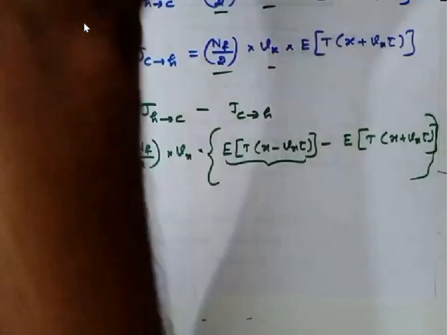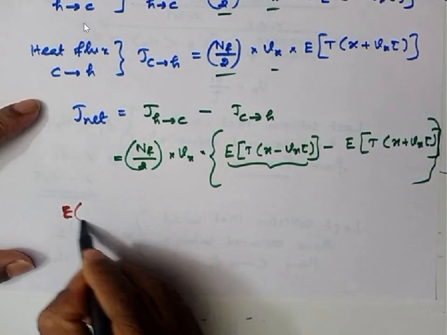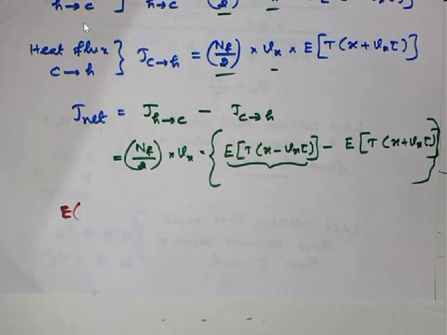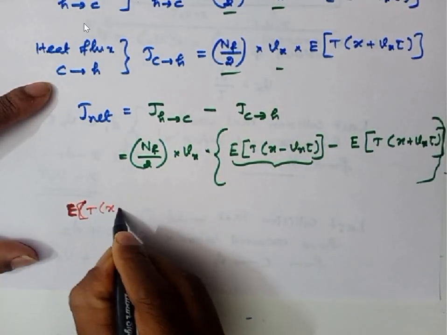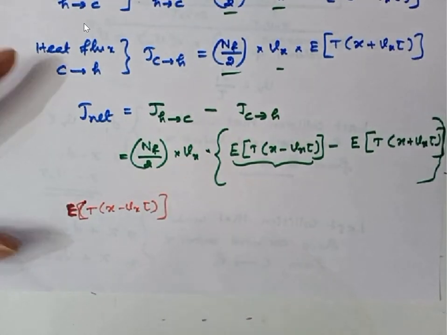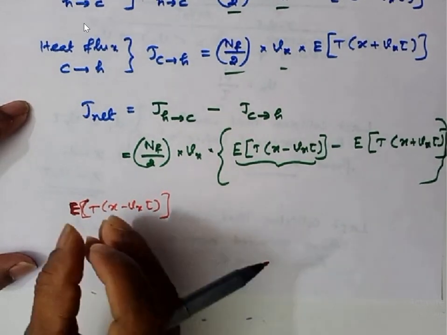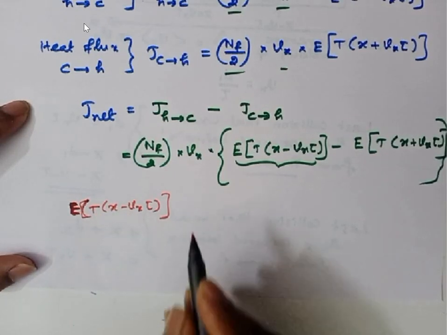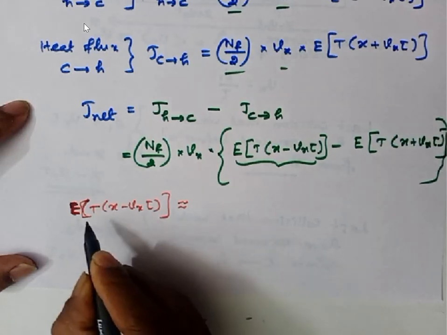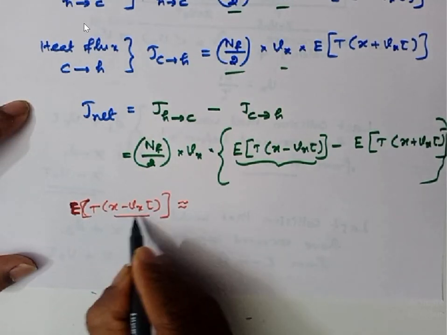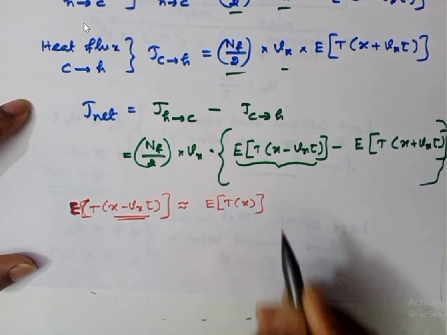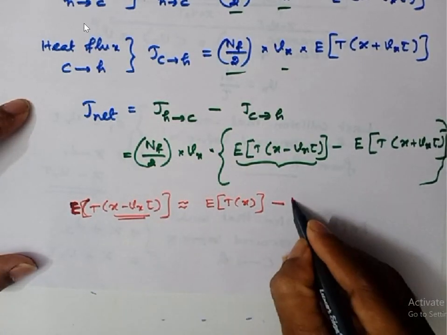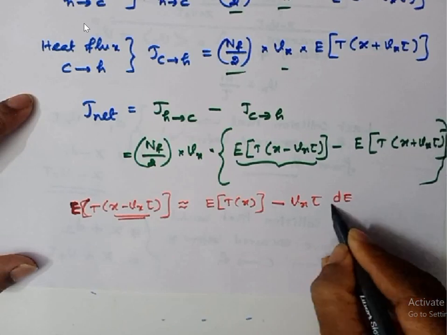The energy possessed by the electron at this location, E of X minus Vx into tau, is actually very close to the point X. Therefore we can say approximately that the energy possessed by the electron at this location is approximately equal to the energy possessed by the electron at the position X, minus Vx into tau into the first derivative dE by dx.